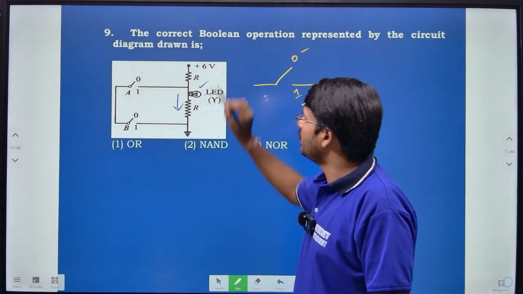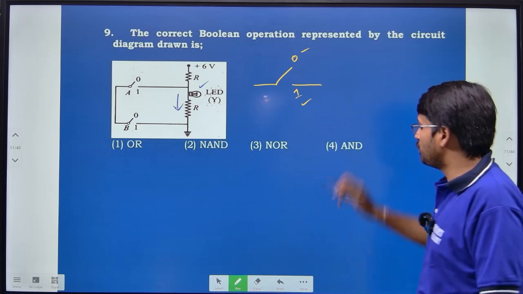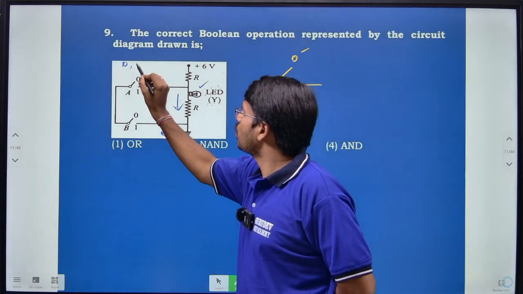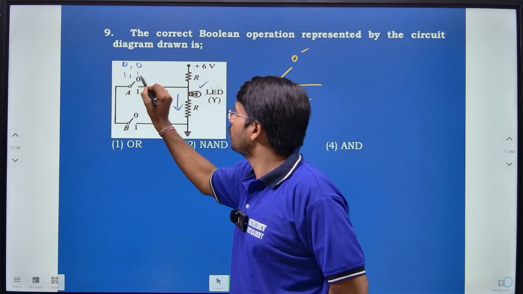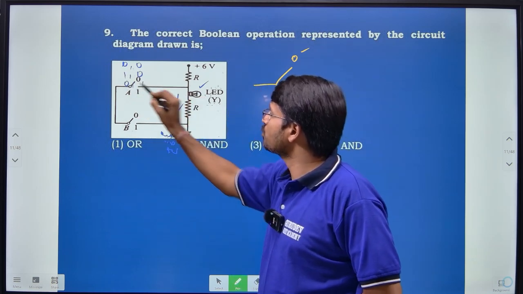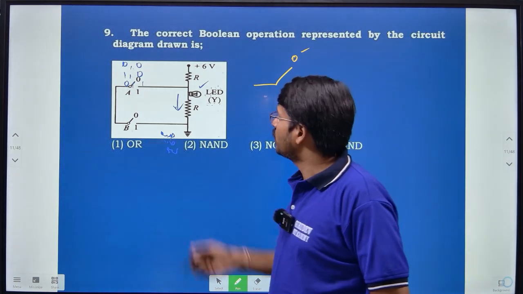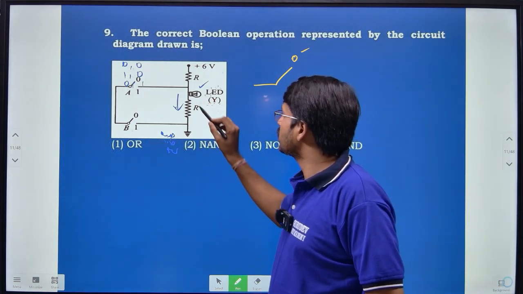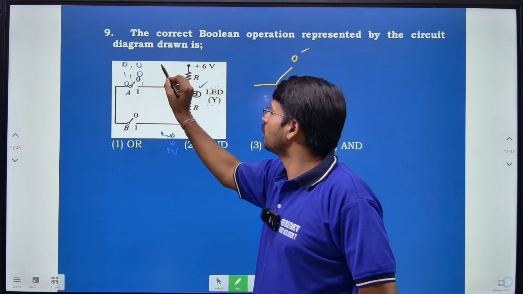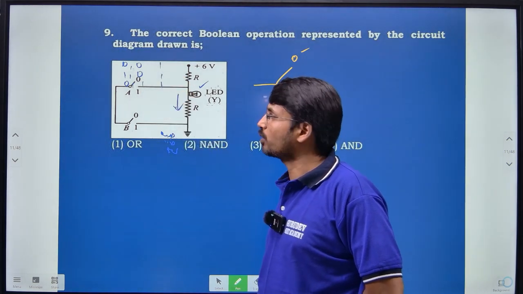As a result, the LED glows. When we observe this, for 0 0, 0 1, 1 0, for all three cases, this particular one is always open, and as a consequence, the LED glows. So whenever the inputs are in this fashion, we have the output.